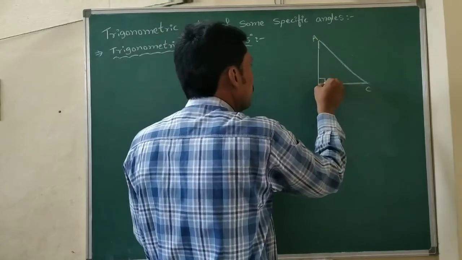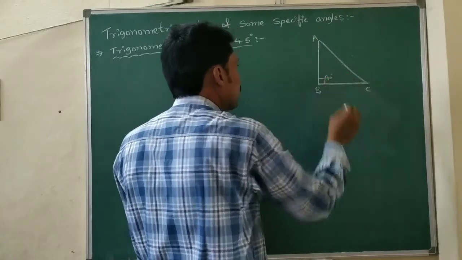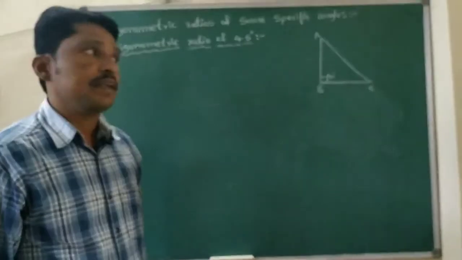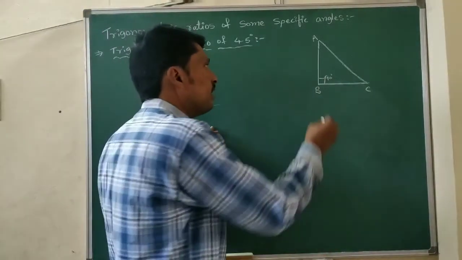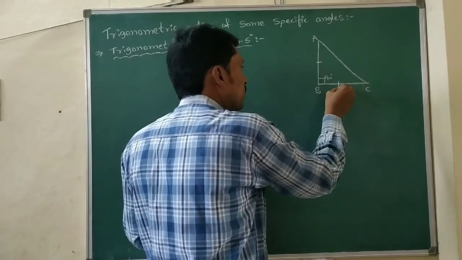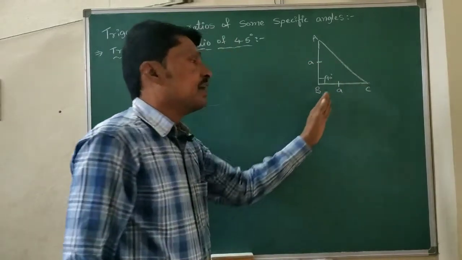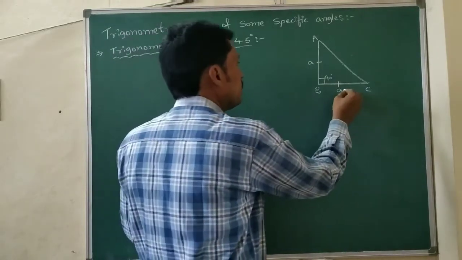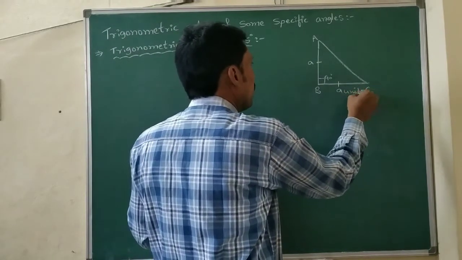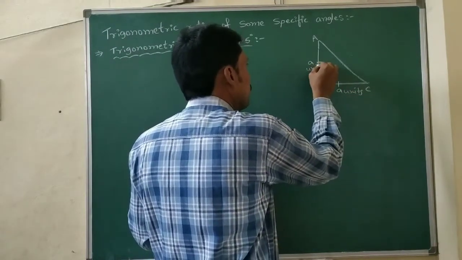Angle B is 90 degrees. ABC is an isosceles right triangle. So here AB and BC we are taking as A units. This is A units and this is also A units.